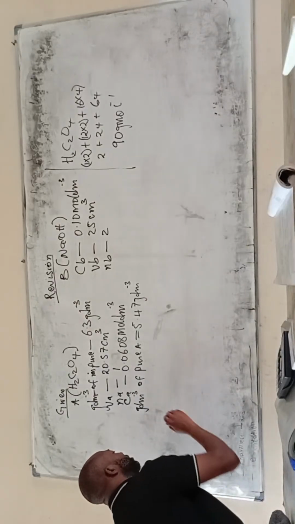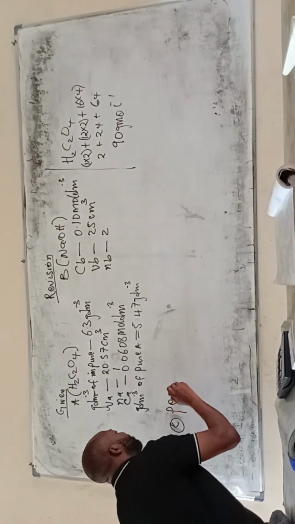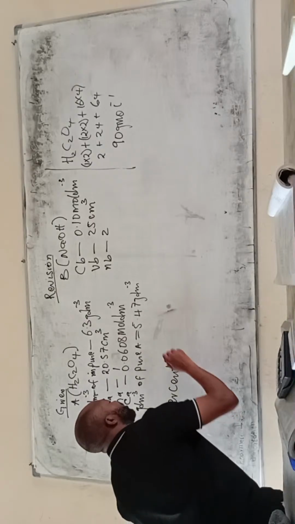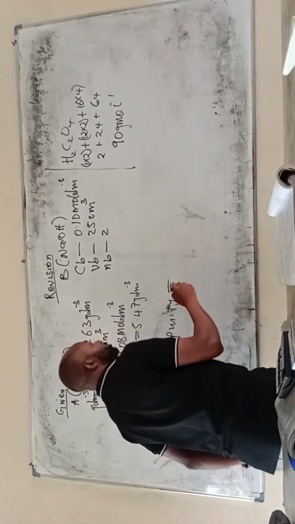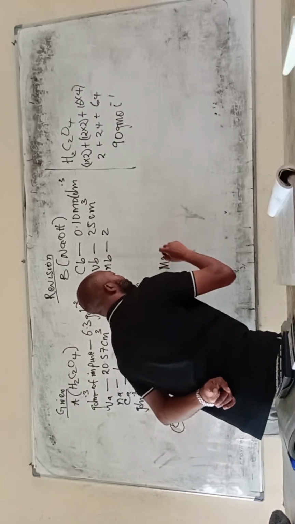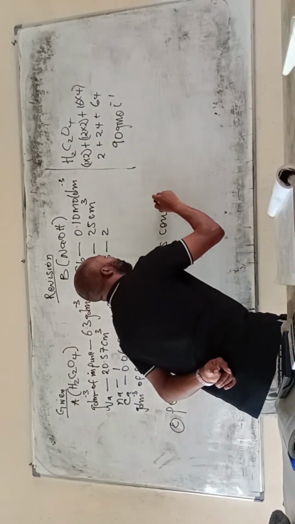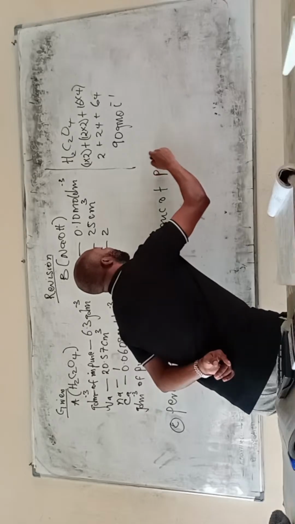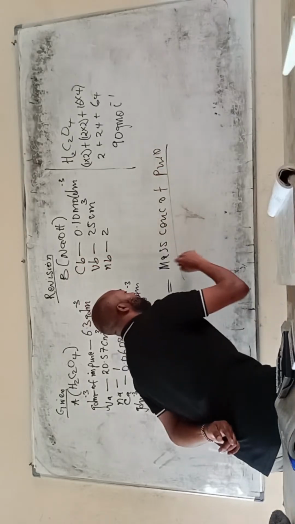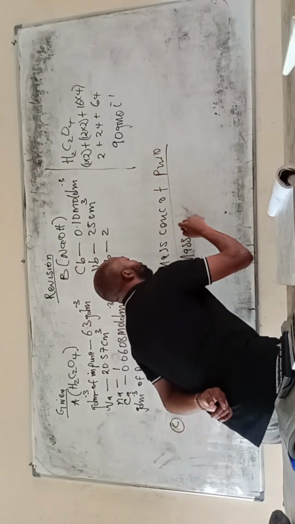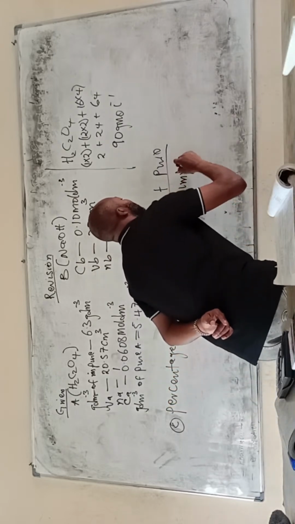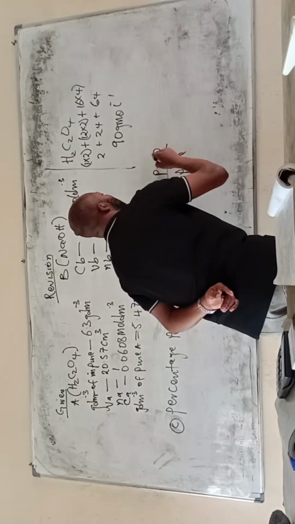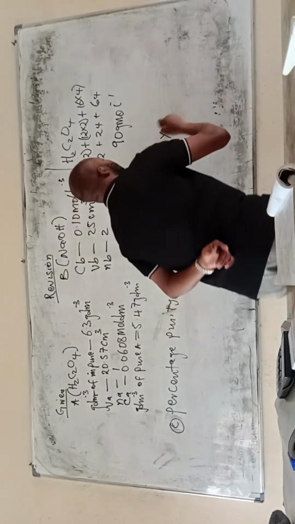So 3, percentage purity equals mass concentration of pure over mass concentration of impure times 100.